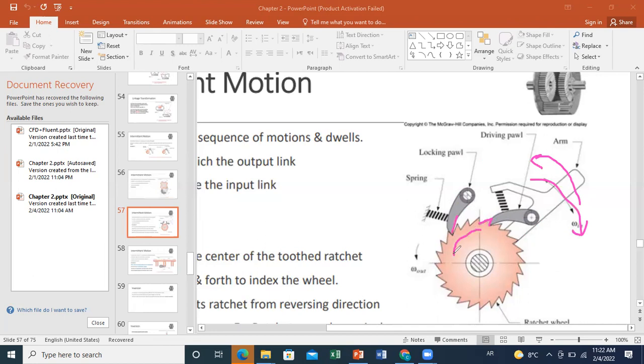But when your wheel is rotating like this, your locking pole will go over one tooth of your wheel, as the driving pole did.